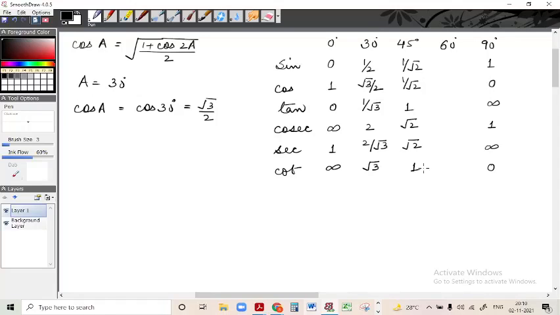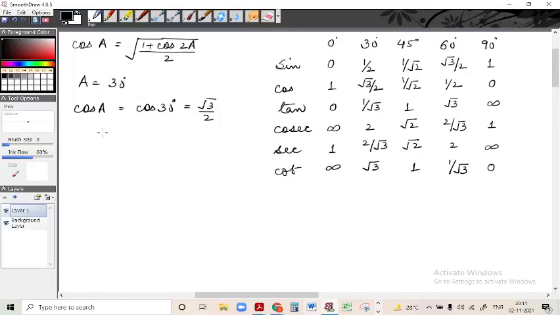Sin 60 will be root 3 by 2, cos 60 will be half, and tan 60 is root 3, cosec 60 is 2 by root 3, sec 60 is 2, and cot 60 is 1 by root 3. While we are doing the questions, we'll observe this table and move accordingly. So this is one of the portions that we had solved.